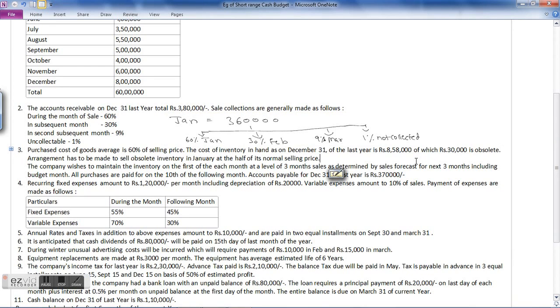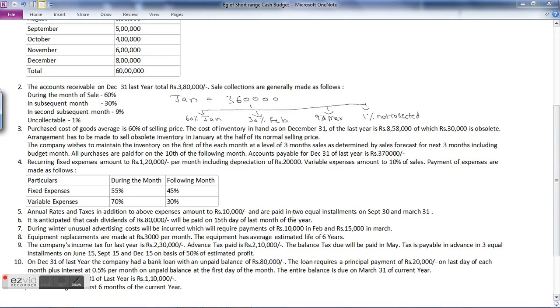So here, 30,000 is the cost of goods, that is 60% of the selling price. We need to find out the selling price of this inventory, and the total amount that will be received for it is 50% of that selling price. So there is some calculation which needs to be made.